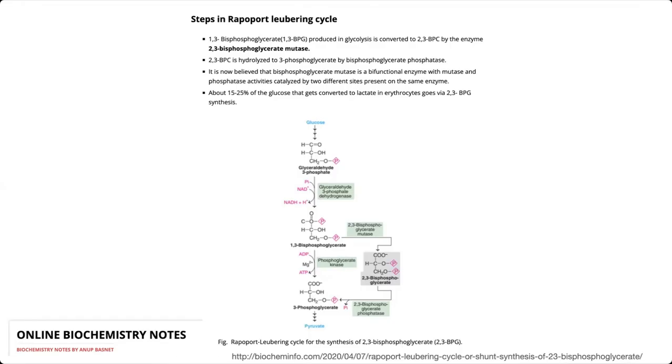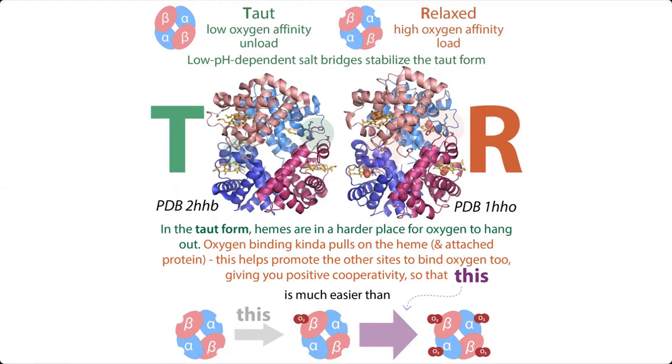So the main things about 2,3-BPG: it's made from an offshoot of glycolysis. It binds to the central channel that's only available in the T state, the non-oxygen bound form, as opposed to the R state, the relaxed form, which is the form that is actually bound to oxygen.